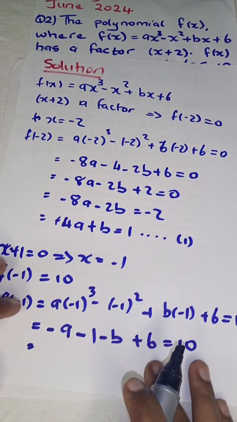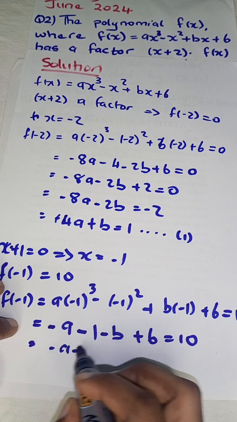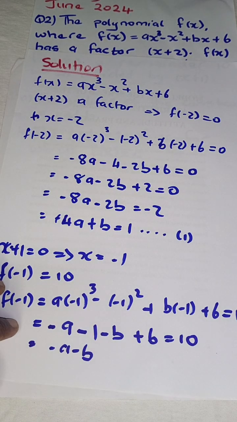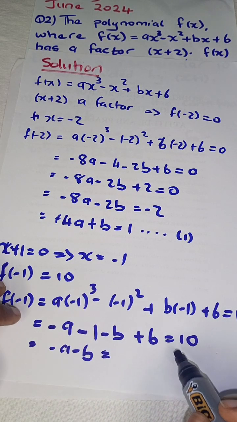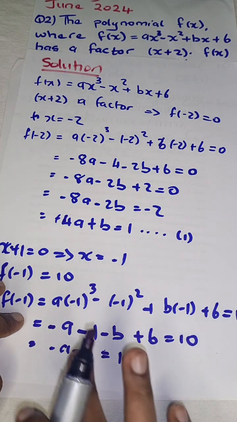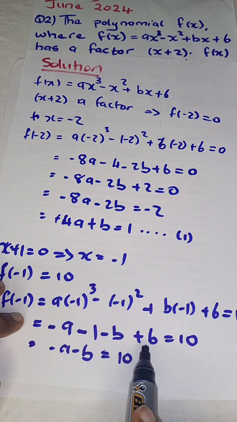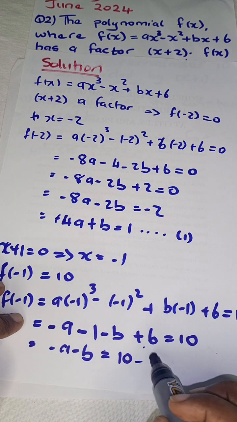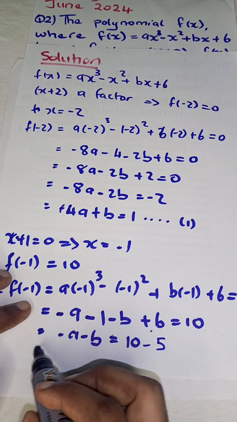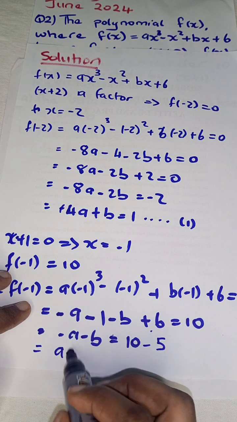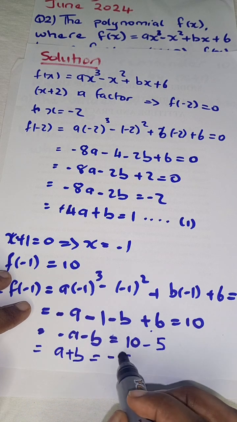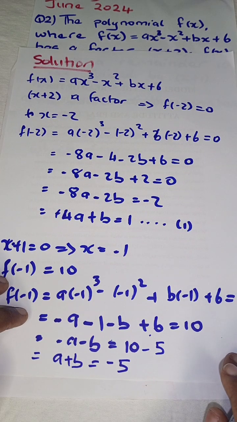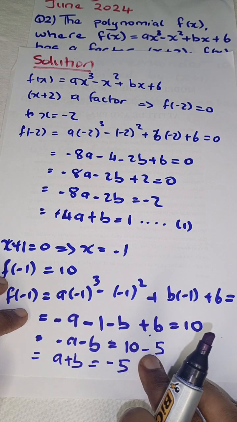So this will give us negative a minus b is equal to 10, negative 1 plus 6, that gives us 5. Positive 5, when you cross it, becomes negative 5, giving us negative a minus b being equal to 5, because 10 minus 5 is 5.